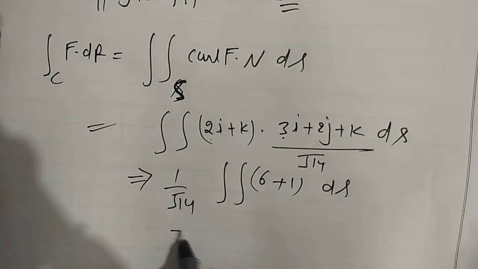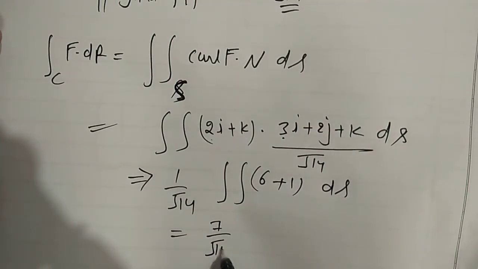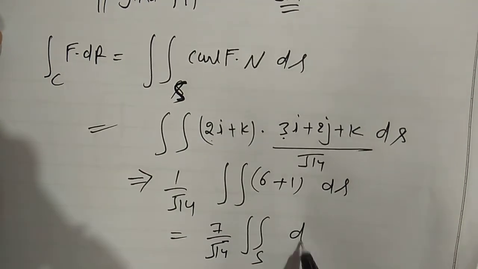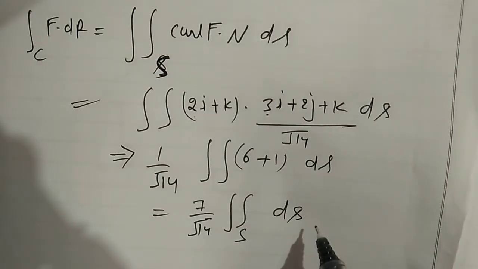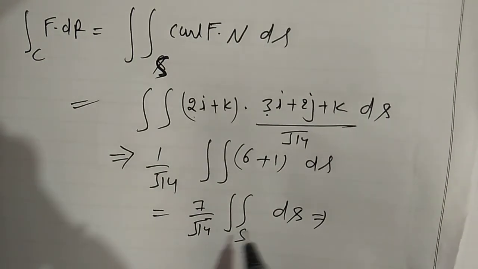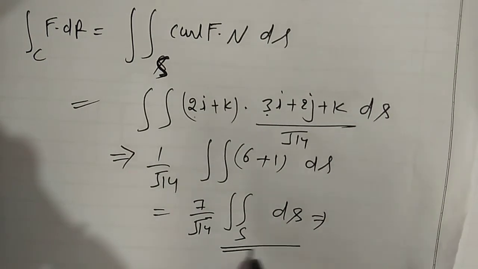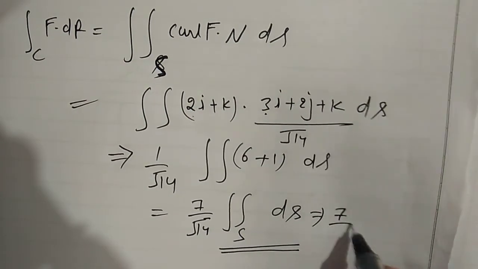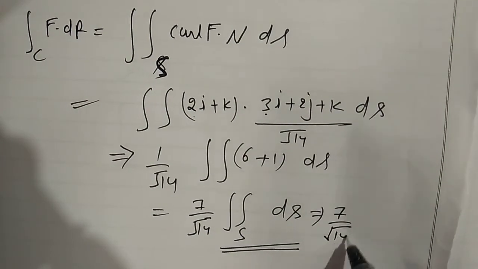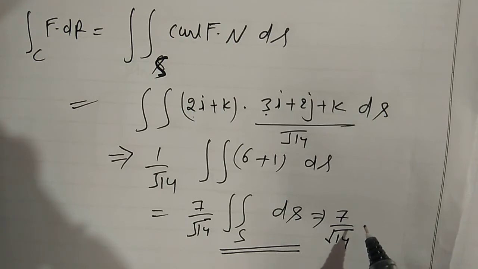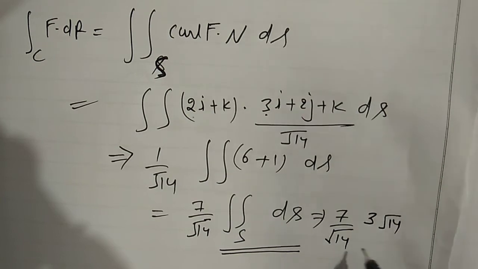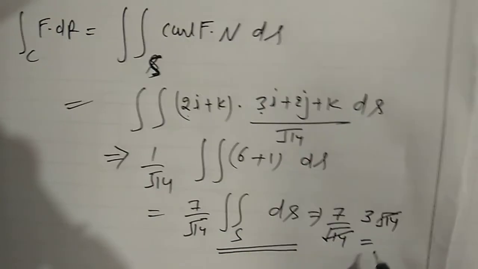So we have 7 by root 14 times the integral of ds. This is nothing but the area of the triangle. So 7 by root 14, and if you find the area of this triangle, we get 3 root 14. So root 14 cancels, so 21 is the answer.